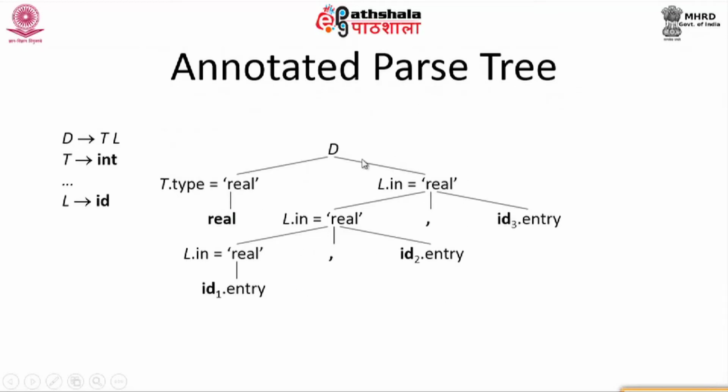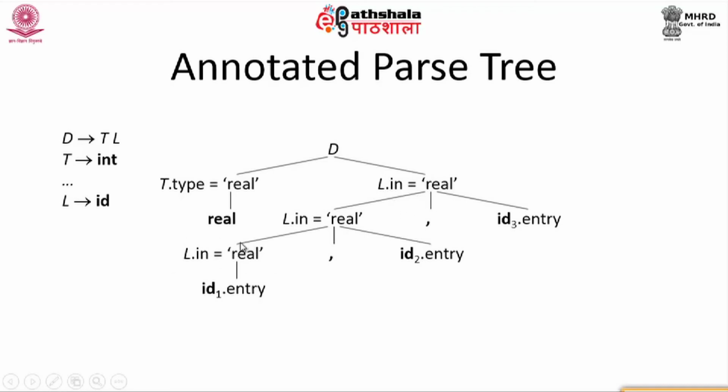Now here consider this parse tree again. D produces T dot L, where I am substituting T as real. So this L will again be L dot in and comma id, and this is going to be L dot in comma id. Now look at this L dot in: it has got the value real from this T, okay, and this L dot in also has got the value real from this parent, okay.